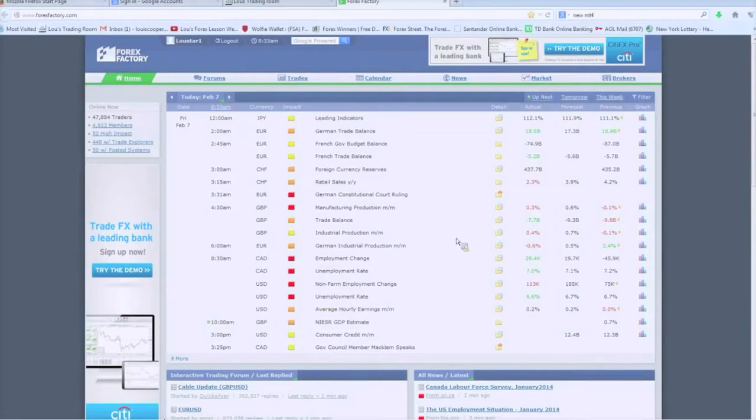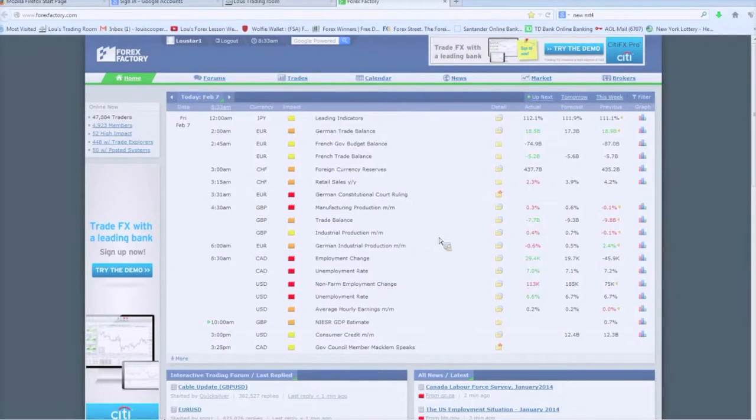If the folder is orange, it means it can move the market sometimes in a strong fashion, sometimes in a weak fashion, but historically it's kind of in the middle. If the folder is yellow, it indicates that the market has generally had a rather weak reaction to this particular news announcement.